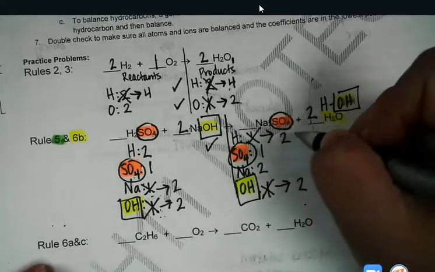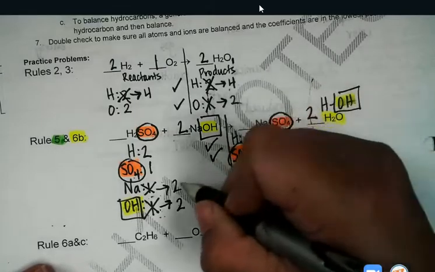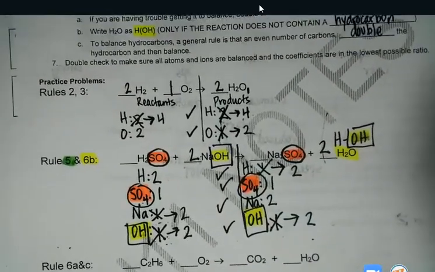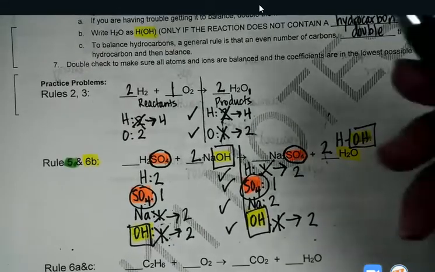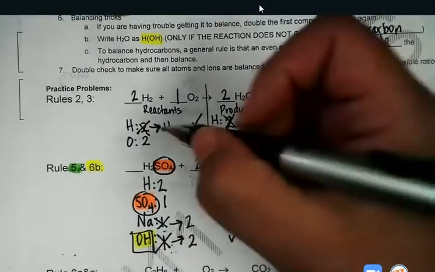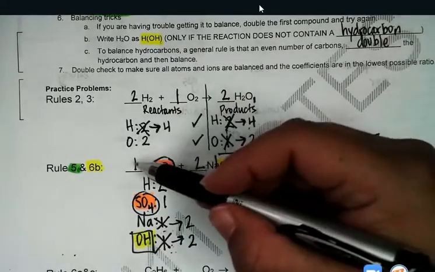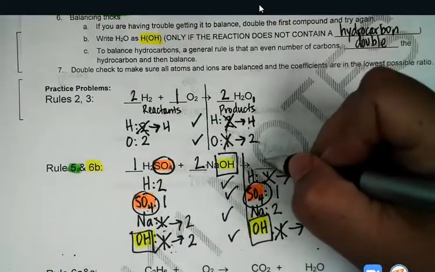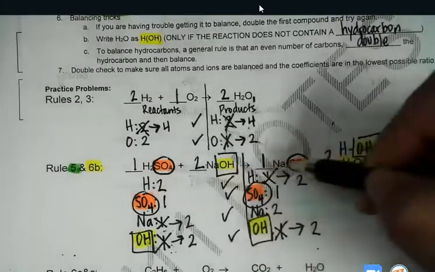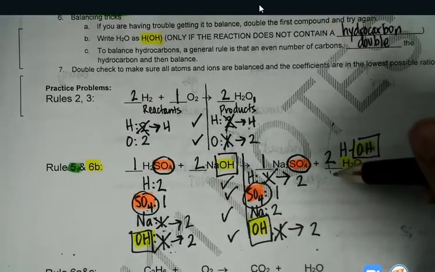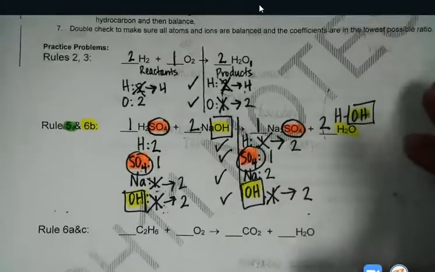So 2, 2, 1, 1, 2, 2, 2, 2. They're all balanced. So remember, now let's see if they're in lowest terms. 1 is understood. I can leave it blank or put a 1. So 1, 2, arrow, 1, 2. Can 1, 2, arrow, 1, 2 be reduced by dividing them by a smaller number and still have whole numbers? No. So that's balanced.